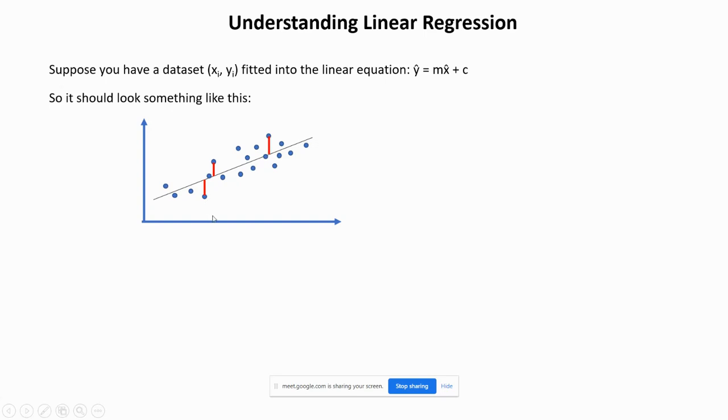So for the same xi, you have a point yi which is given in the data set, which has some errors, and there is a best fit line on which this xi will correspond to the point y hat i. So there will be a difference between yi and y hat i. That difference for each of the points, if you add it up, will give you the total error of the data set. So far clear?